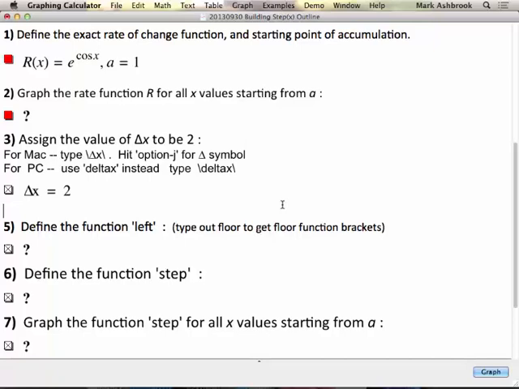So those are all the... but don't type 2, type delta. Oh, just yeah. Plus, no, outside. Left of X, yes.